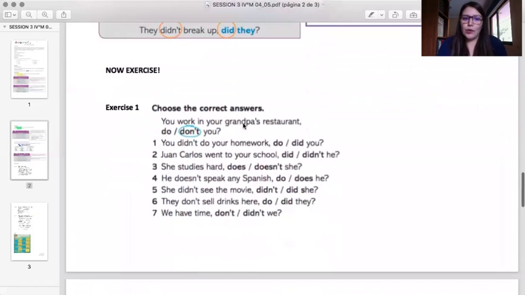In exercise 1, you have to choose the correct answer. Okay, you have to choose between simple past or simple present, or you have to choose between the auxiliary verbs of the tense. Deben elegir en este ejercicio la alternativa correcta, dependiendo si es presente o pasado, o dentro del mismo tiempo los auxiliares correspondientes.